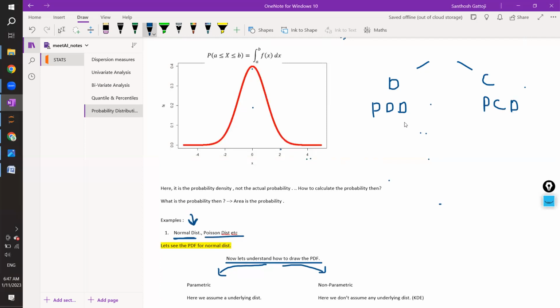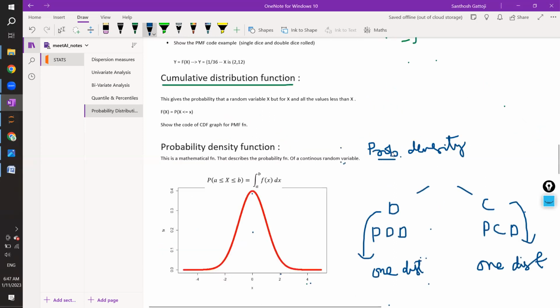Then for all the discrete variables, can't we have only one type of distribution? And for all the continuous variables, can't we have only one type of distribution? Is the question clear, Meghna?